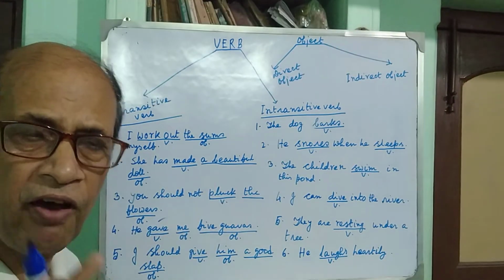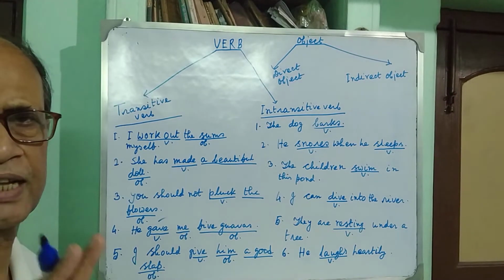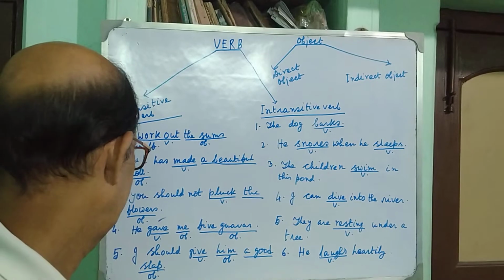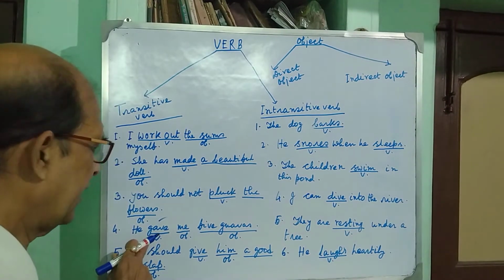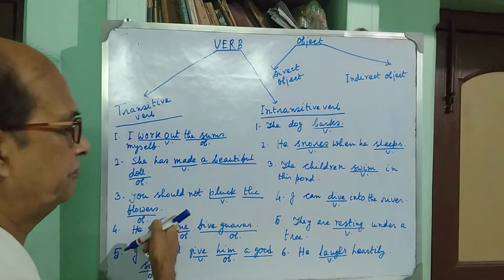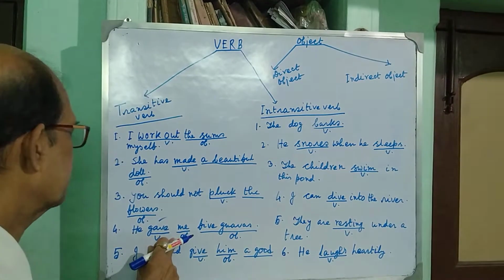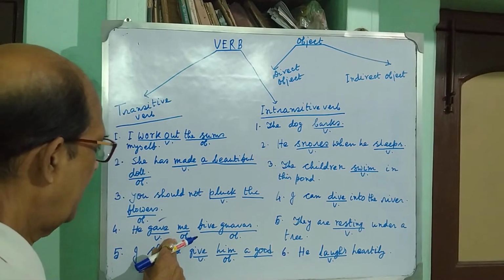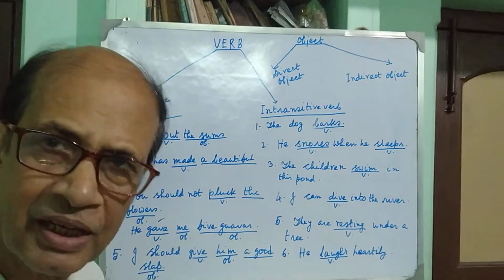So 5 is determiner and guavas is an example of object. And by whom? Ask the finite verb. By whom? Me. Me is the answer. So me is object and guavas is also object. Clear?